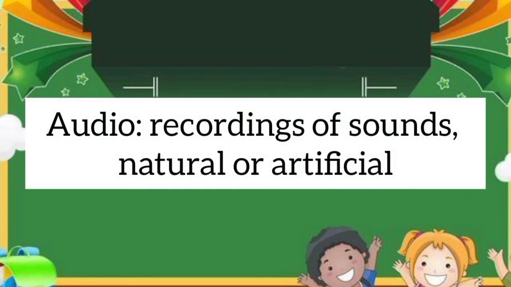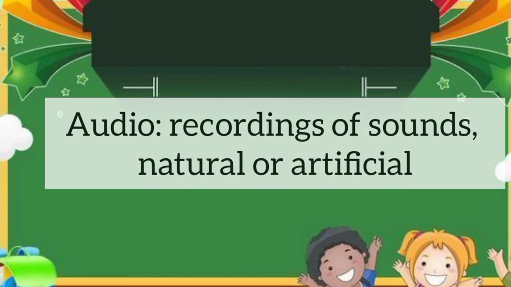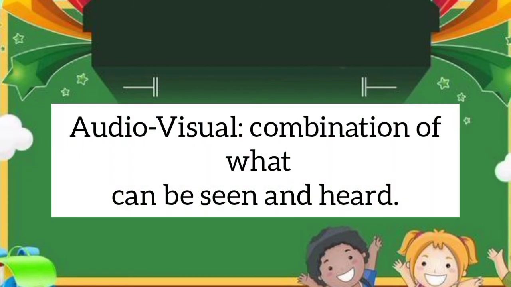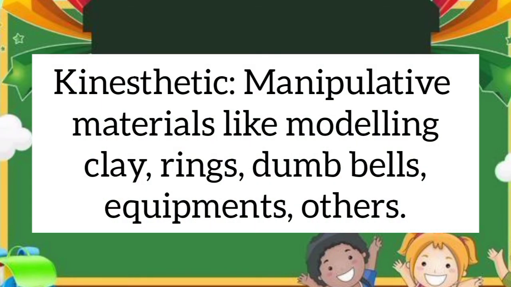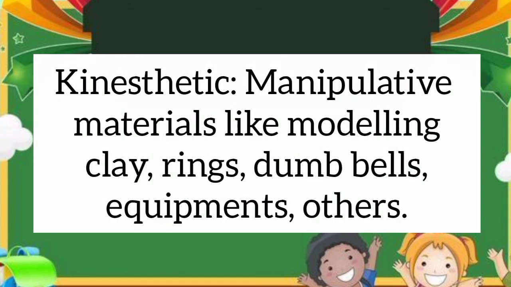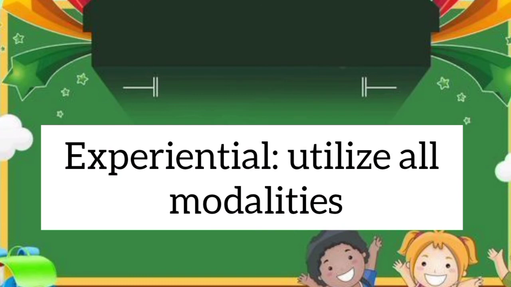In audio, it involves recordings of sounds, natural or artificial. Audio-visual includes the combination of what can be seen and heard. In kinesthetic, it includes manipulated materials like modeling clay, rings, dumbbells, equipment, and others. In experiential, it utilizes all modalities.